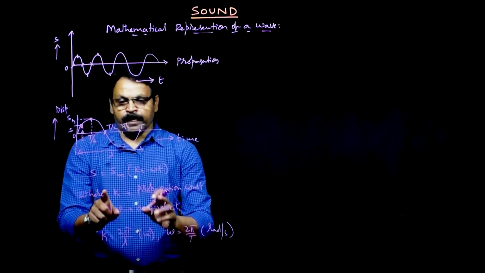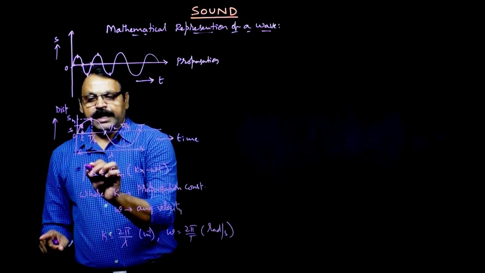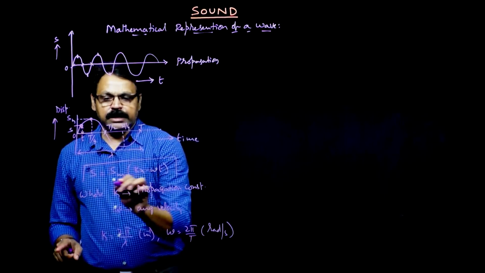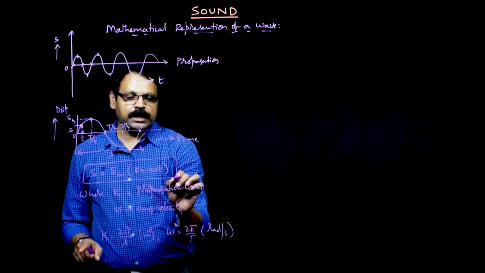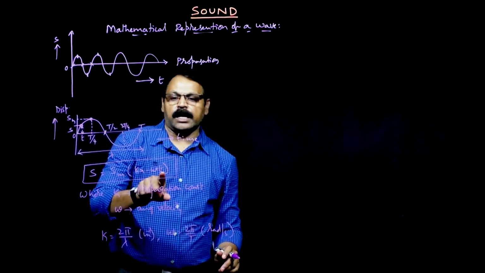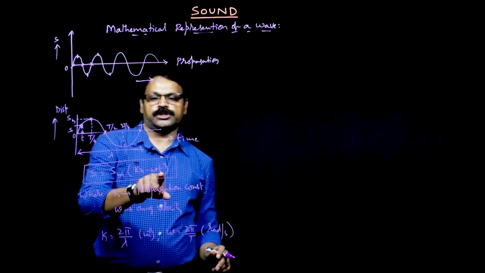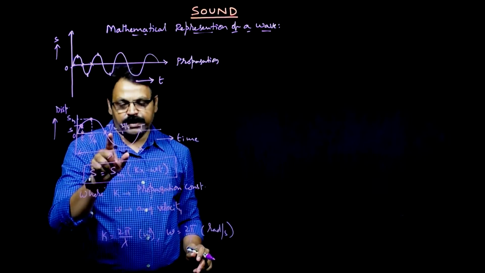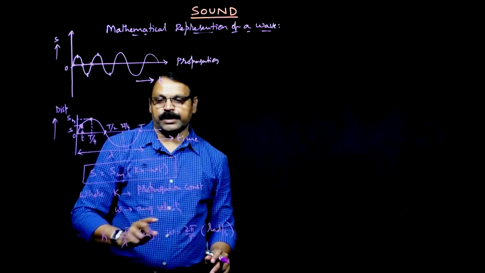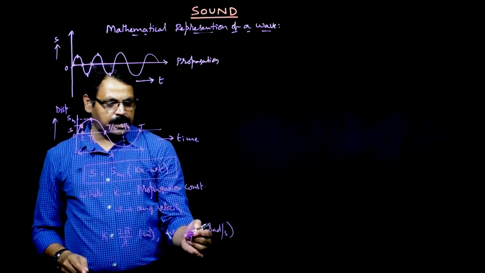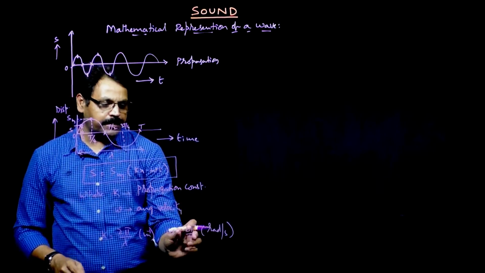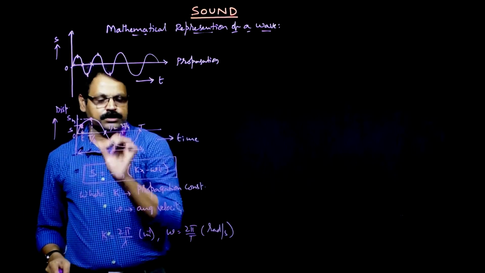That means the displacement of a particle at any instant of time can be calculated if you know the time at which you want to know the particle position, the wavelength and the time period. Time period is nothing but the time taken to complete one oscillation.